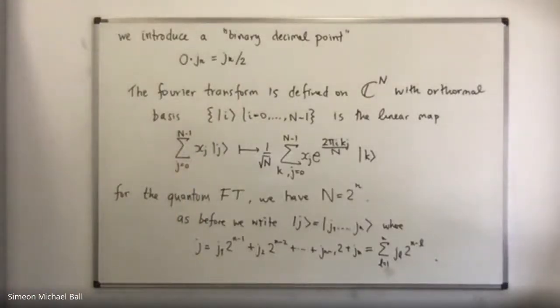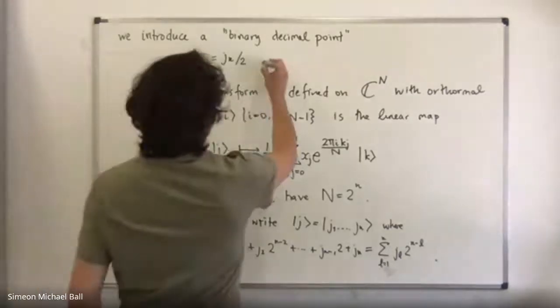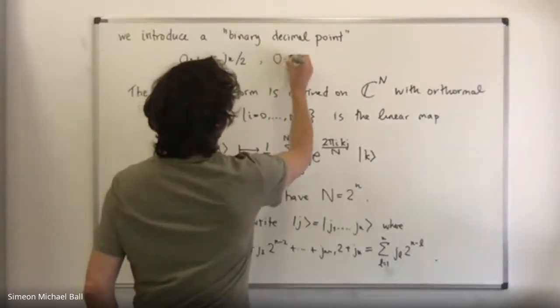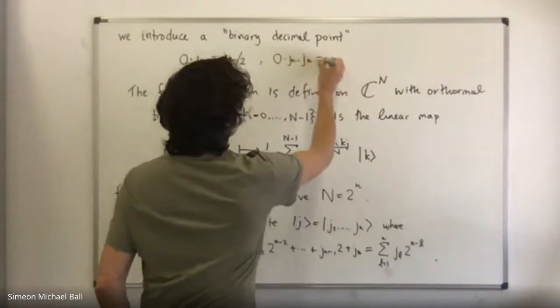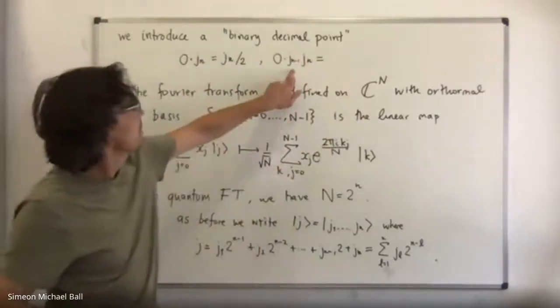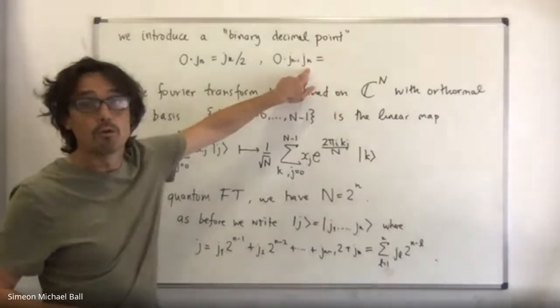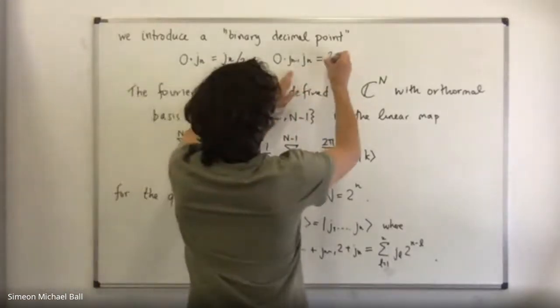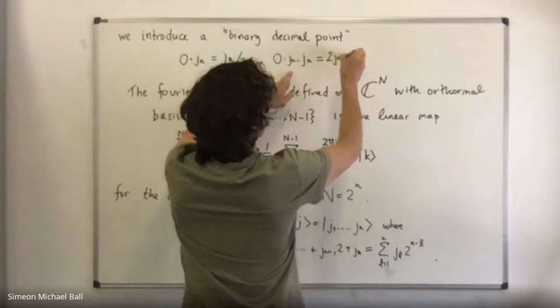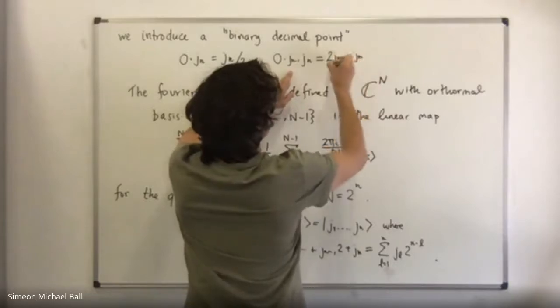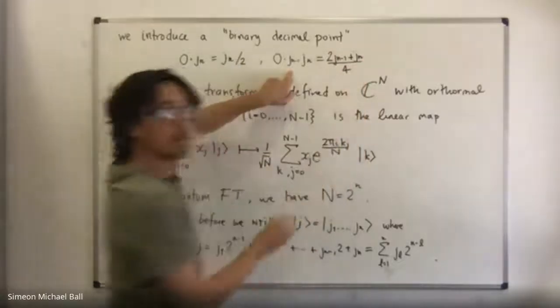In the same way as 0.3 is 3 divided by 10, 0 point something is going to be that thing divided by 2. And then 0.j_{n-1}j_n would be this divided by 2 plus this divided by 4. So we could write that as (2 j_{n-1} + j_n) divided by 4.